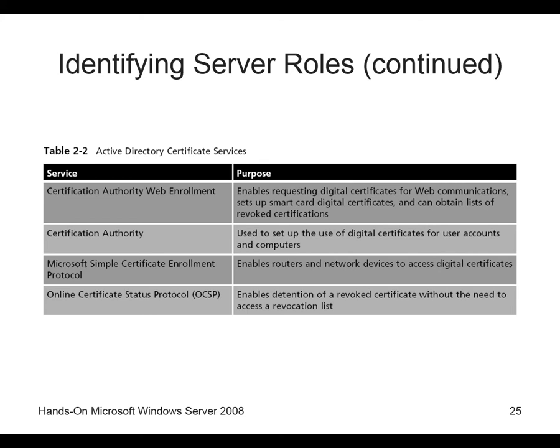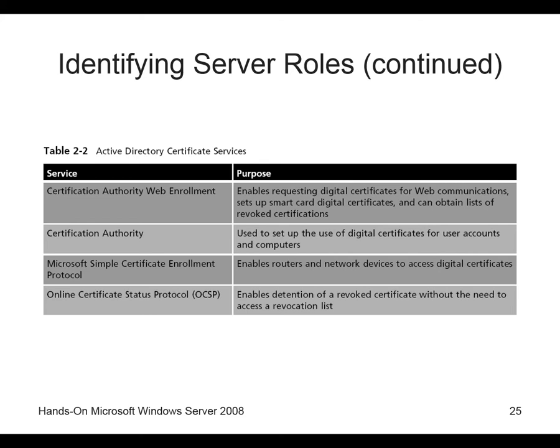You have 4 different types. You have the Online Certificate Status Protocol, or the OCSP. You get that from an off-site service that can revoke or renew or create you a certificate. You don't have to have a local replication list for that at that point. Does that make sense?